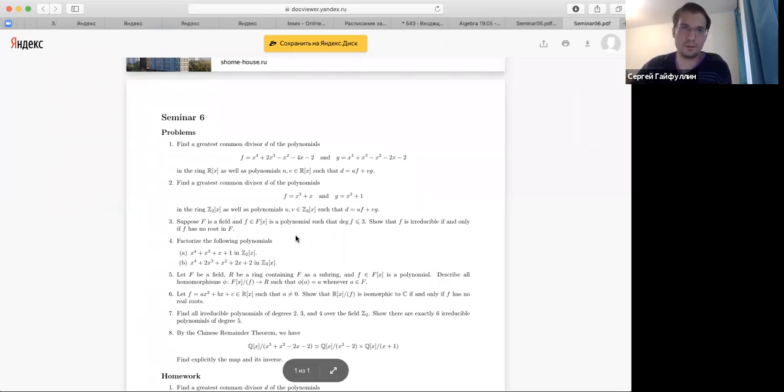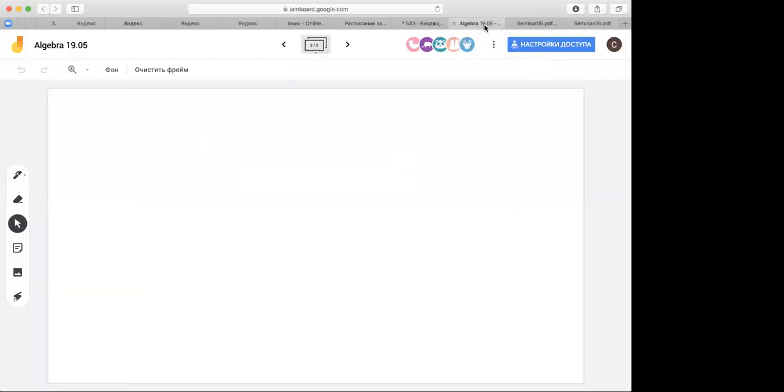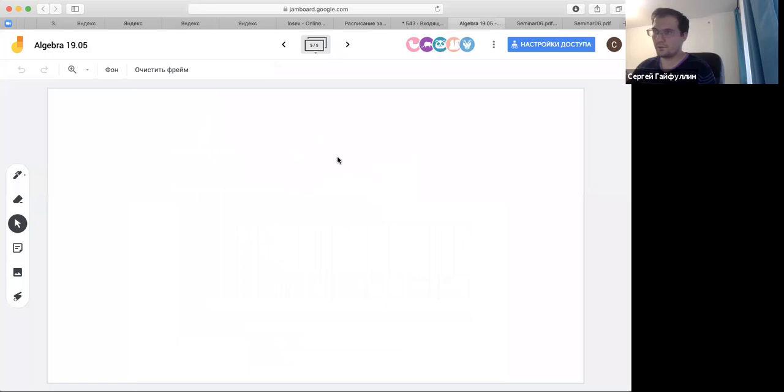Can somebody say why? Some explanation of this assertion. Well, if f has a root in the field, then we can write f as the root multiplied by something, and it's going to be like the reduction of f. Of course, if f has a root, for example, a from the field, then f(a) is 0.